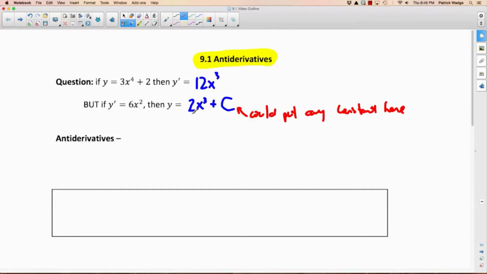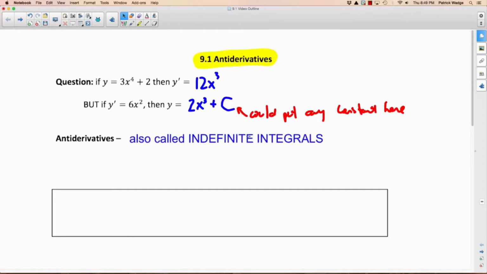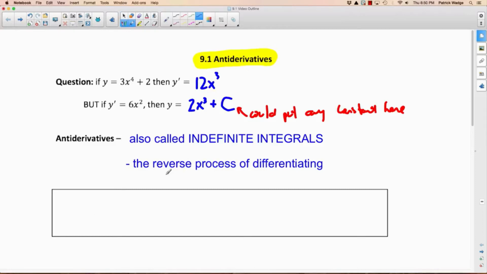So what we just did here, where we started with the derivative and found the original function, takes us to the idea of antiderivatives. An antiderivative, also called an indefinite integral, is the reverse process of differentiating. That's probably the easiest way to think of it. You're just doing the opposite direction.